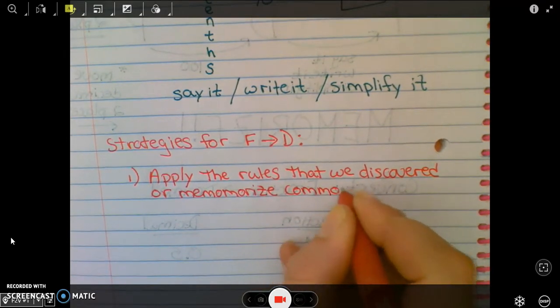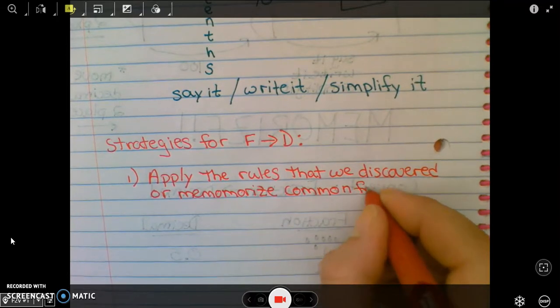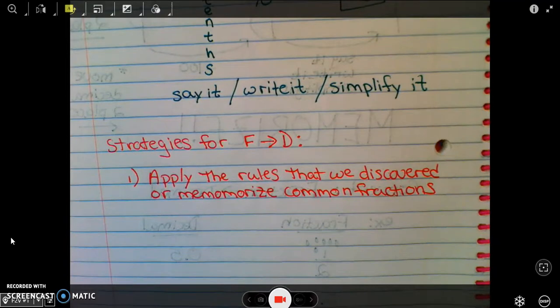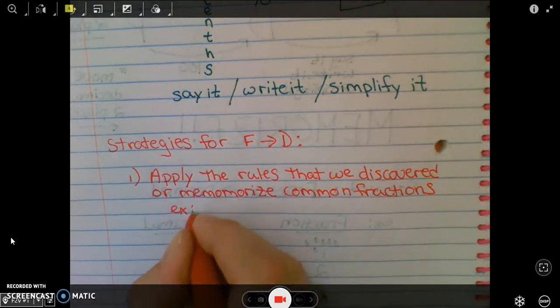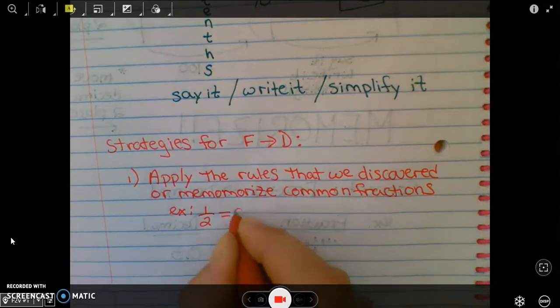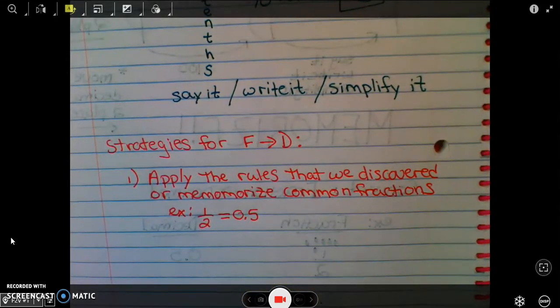By common fractions, I mean fractions that you see frequently. For example, you guys know when we just solved this on the other side, 1/2 is 0.5.